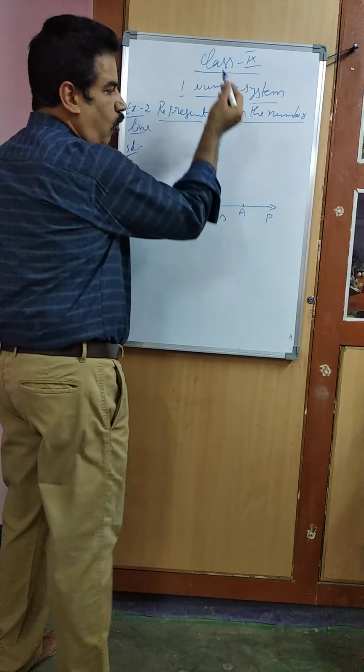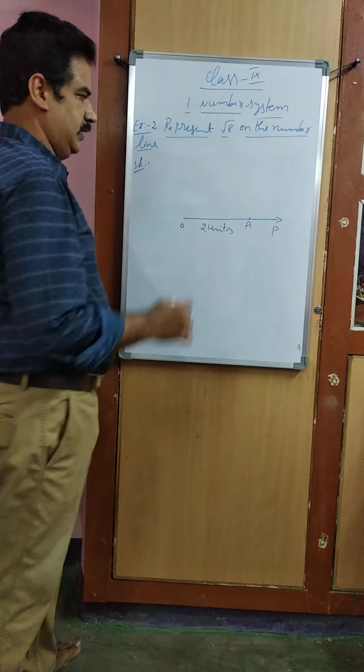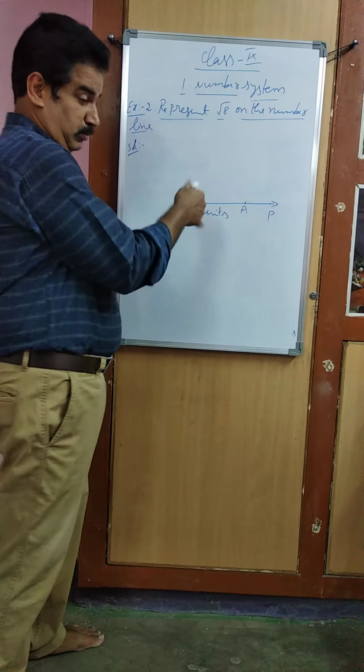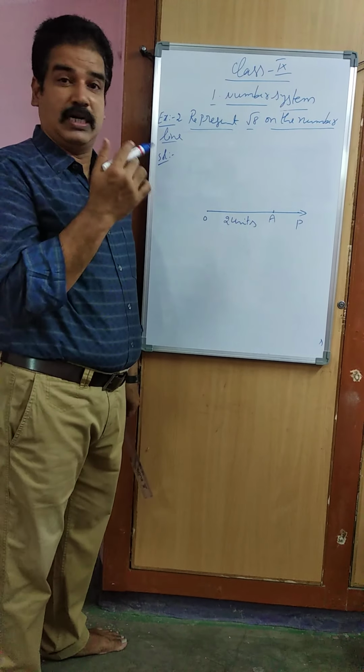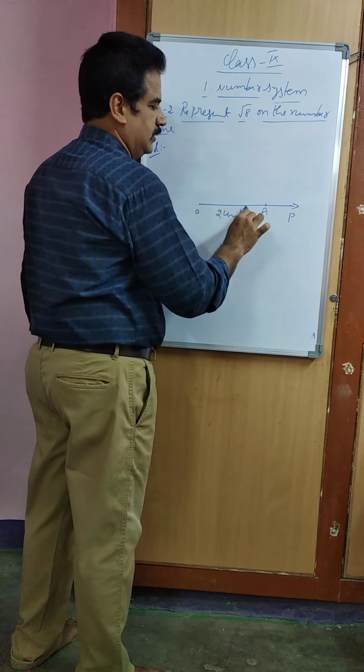And now through A you draw a perpendicular line. Now I am explaining how to construct 90 degrees by ruler and compass. With A as center, and a convenient radius, draw an arc like this.